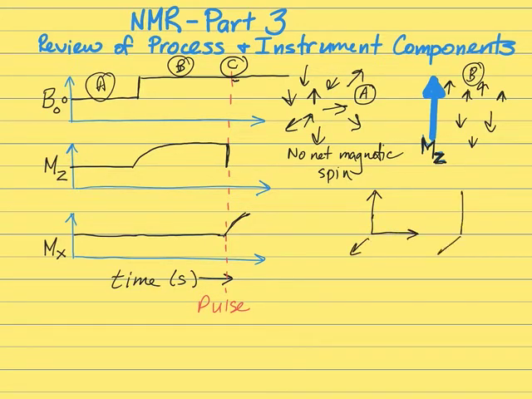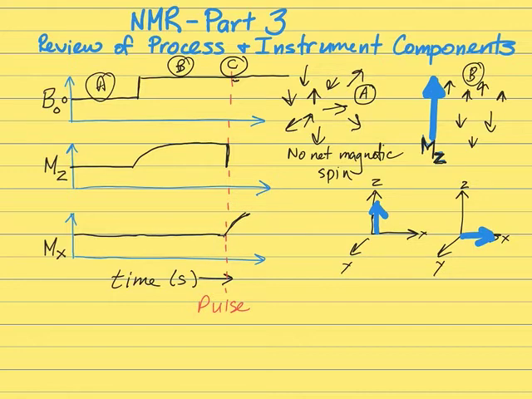And so when we apply that pulse, this is our z-axis, x and y. So before the pulse, your signal looks like this. After the pulse, your signal is down there along the x-axis.